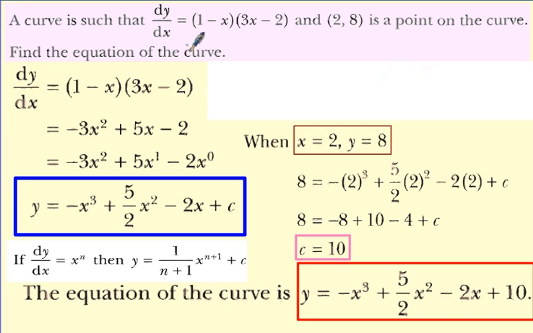Here a curve is given such that dy upon dx is this, and this point is on the curve. So we can substitute and get c. So dy upon dx, first we simplified. We multiplied 1 into 3 and then 1 into minus. So what will you get? Distributive method: 3x and then minus 2, minus 3x square and minus 2x.